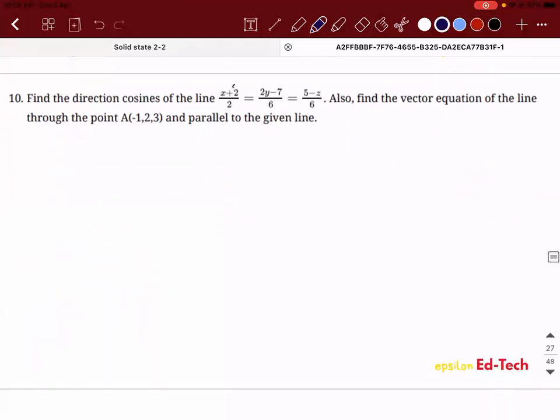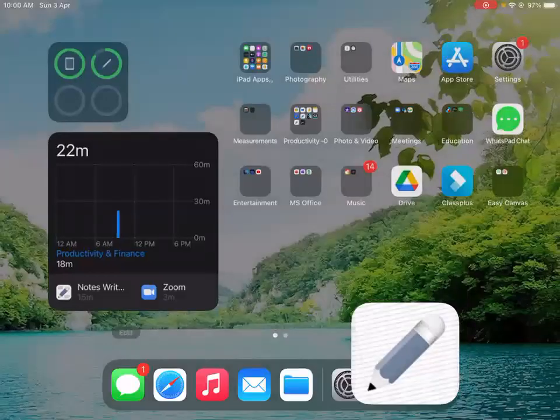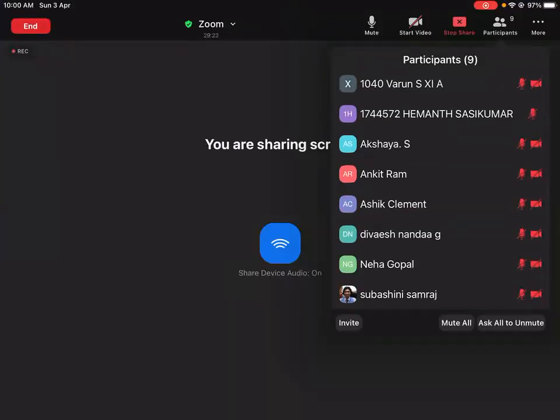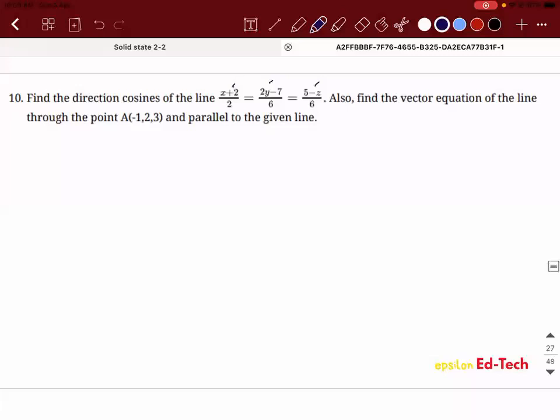Find the direction cosines of the line given. So whenever they give you the equation of a line, indirectly what is the information given to you? One is they have given you the direction ratios of the line, and they have given you the point through which the line would pass.